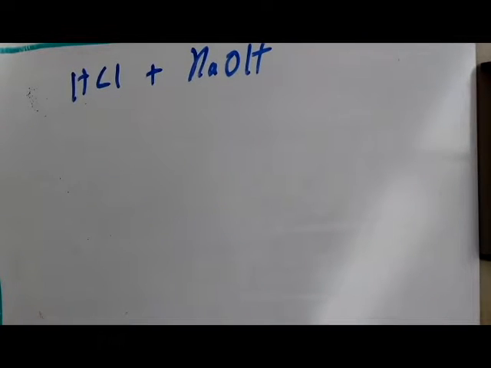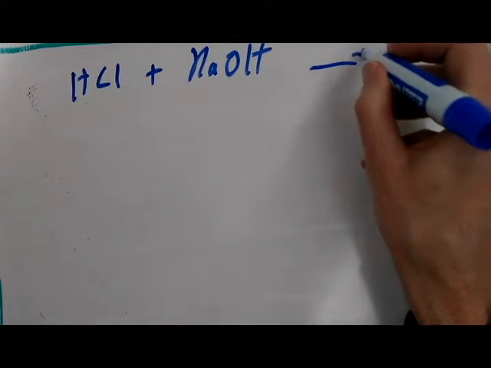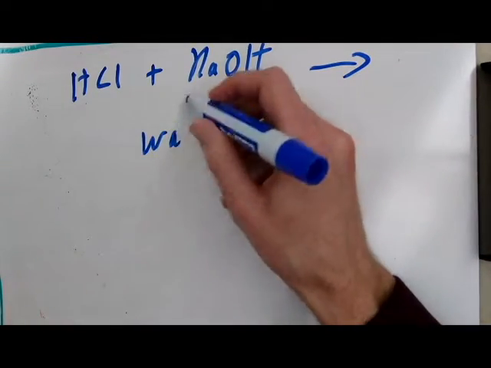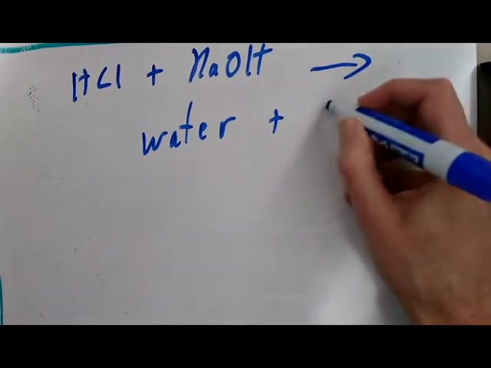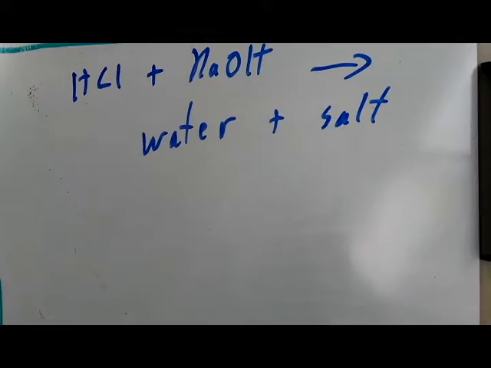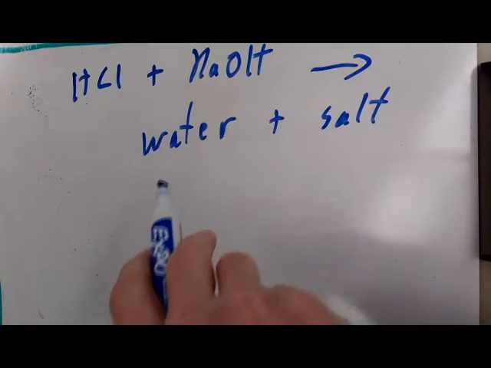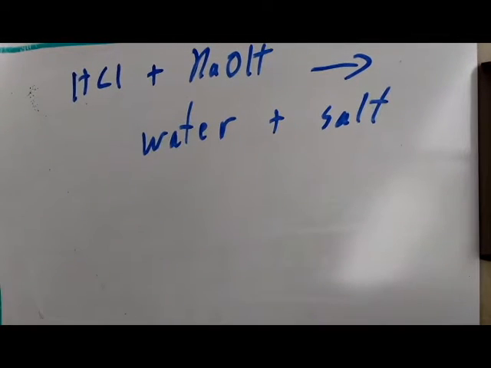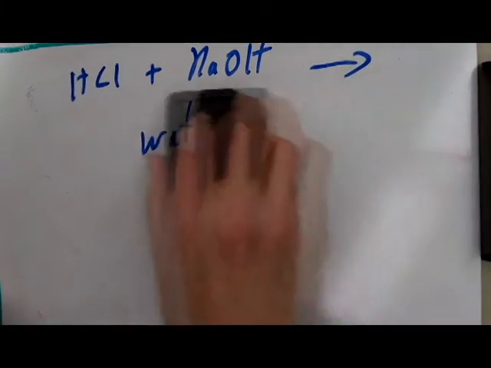We're always going to get two things out of that. We're going to get water plus a salt. So due to the fact that we're getting water out of this, this is always going to take place because water is a liquid, so that gives us our true product that we're going to get out of the reaction. Now let's see what our salt is here.